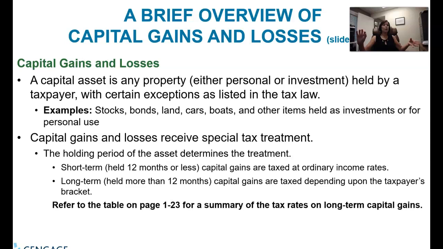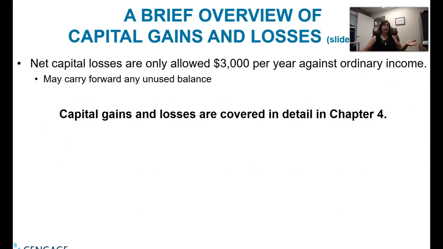And part of the way that we treat it differently depends on how long we held the item before we sold it. So if we held the item for less than 12 months, then it gets taxed at the same tax rate as our other earnings. On the other hand, if we've held this asset for more than 12 months, then we get a more favorable tax rate that is applied to that capital gain.